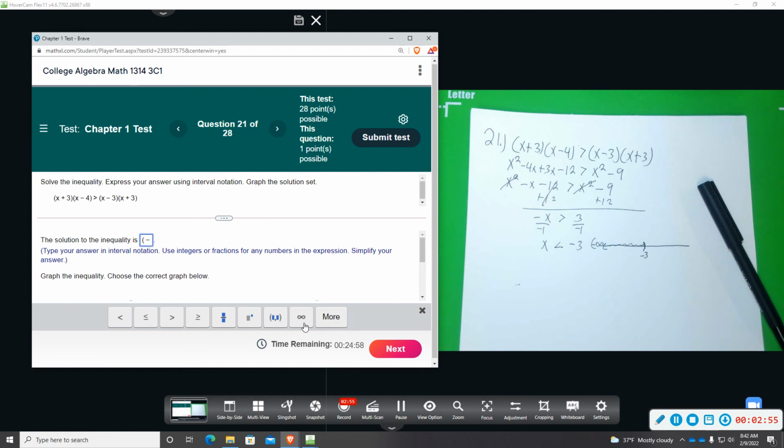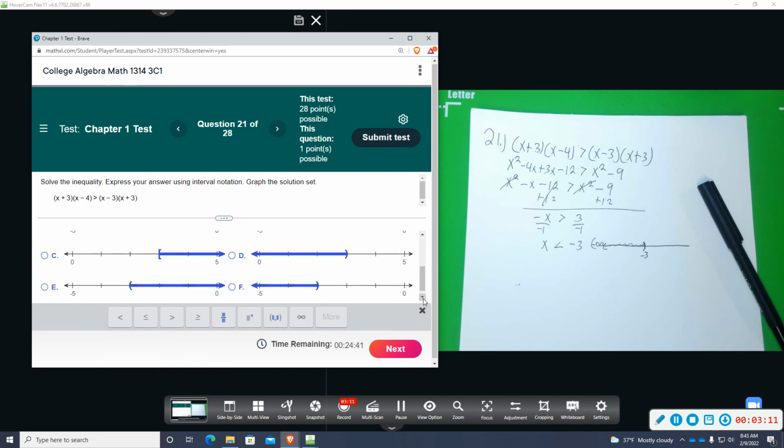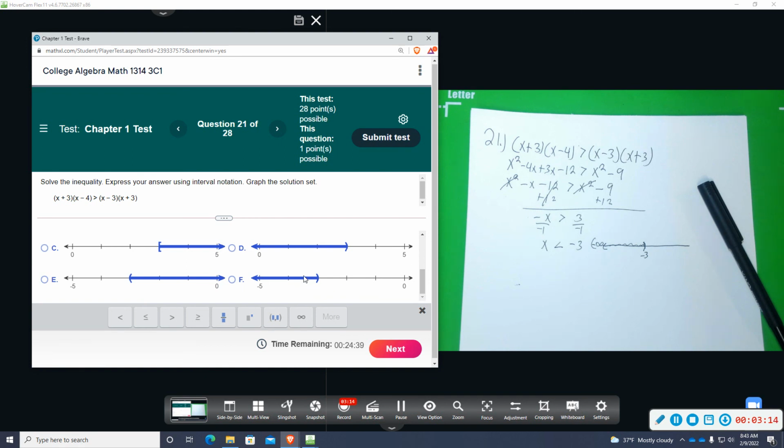And then we want to pick out the number line. I'm going to scroll down. Parentheses, that's on the positive side. This looks like the negative side because it's below 0. So F is going to be the best one here.